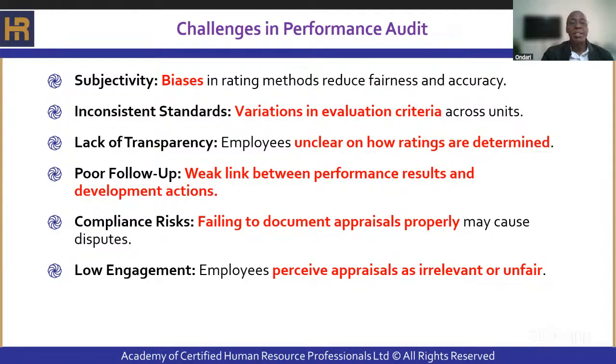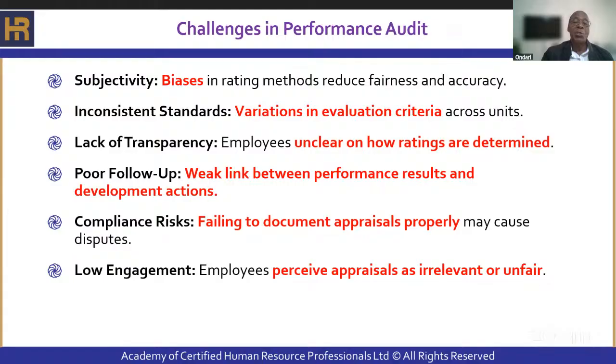Secondly is inconsistent standards, that when we use an evaluation criteria, we should apply it to everybody in a department. But if we vary the criteria, then we again become biased and become unfair. Transparency is another challenge, where there are unclear ratings or how they are determined.